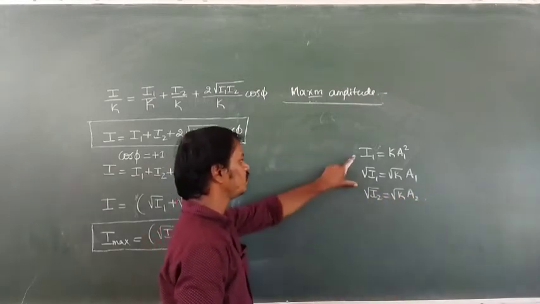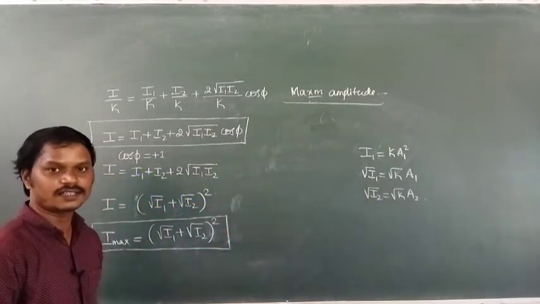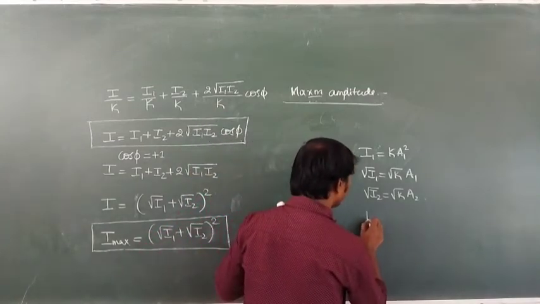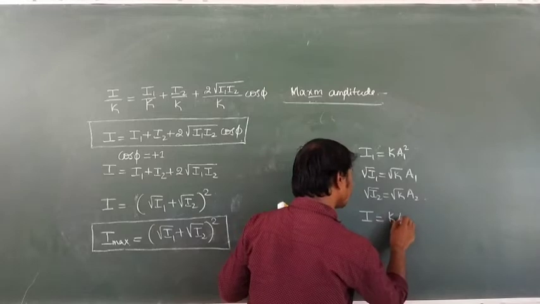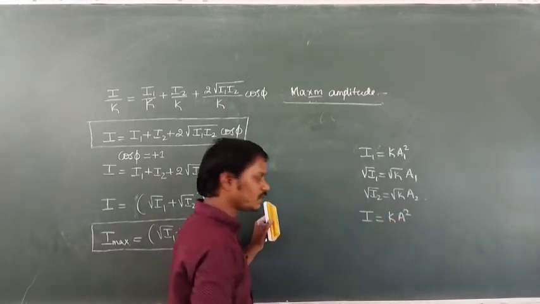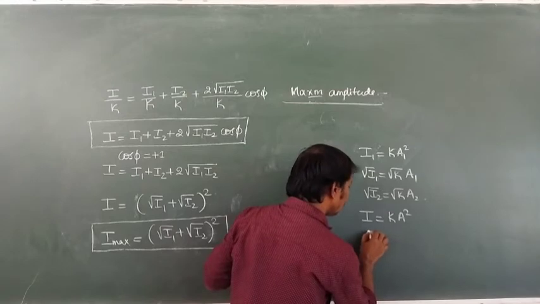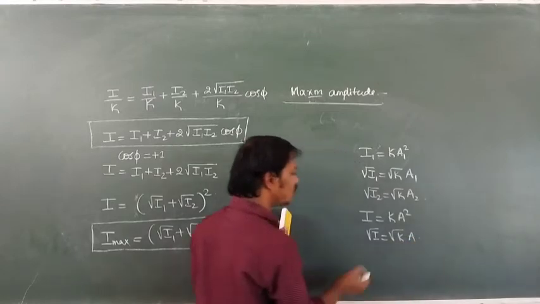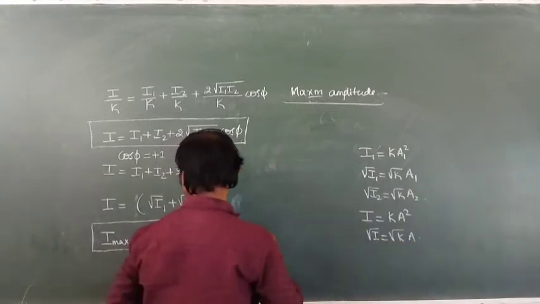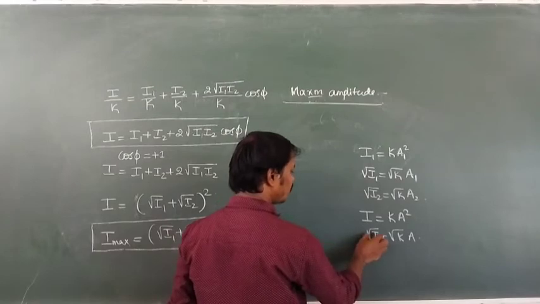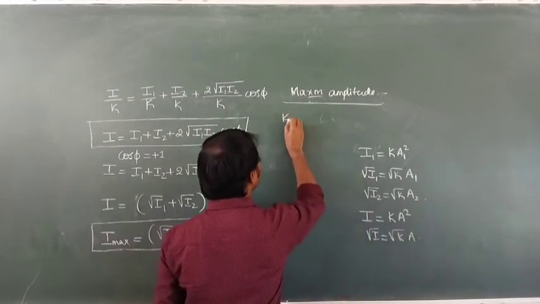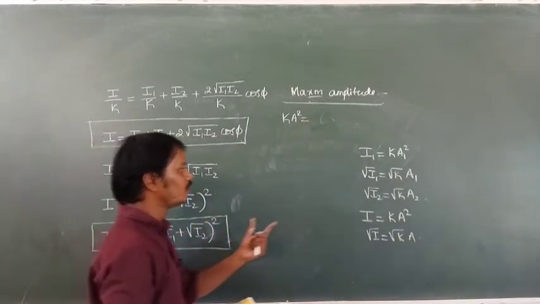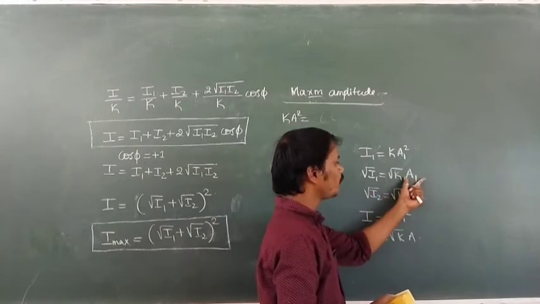Now substituting these values in this equation, we will get the resultant amplitude, means maximum amplitude in case of constructive interference. Now I is equal to K into A square, A is the amplitude. So we can write root I is equal to root K into A, means taking square root on both sides. Next, substitute here. I maximum is nothing but K A square. Then root I1, what about root I1? That is root K A1.